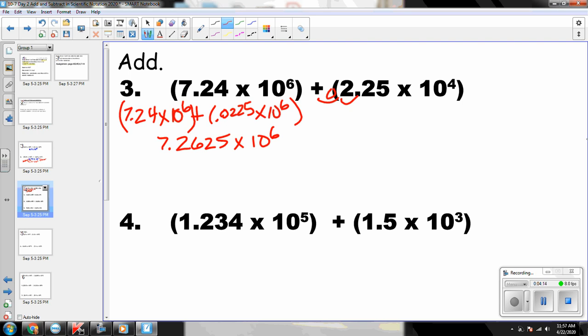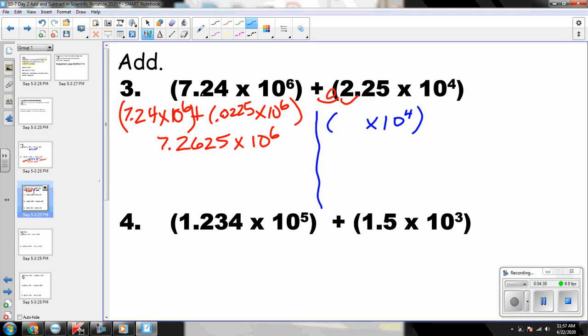All right. So on the second way, what if you chose to do 10 to the 4th? That means you would have to take the 7.24 times 10 to the 6th and make it times 10 to the 4th to get a common exponent of 4. When I go from 10 to the 6th to 10 to the 4th, I make this exponent smaller by 2.